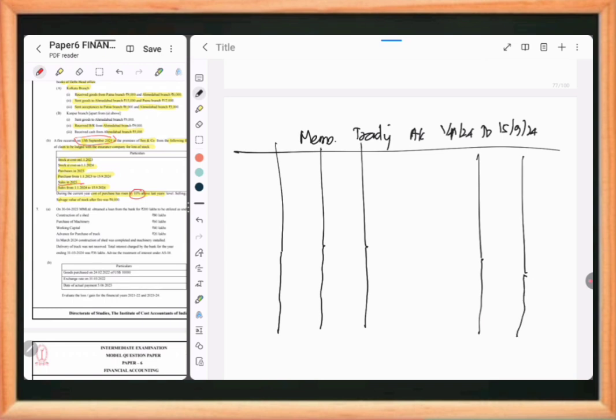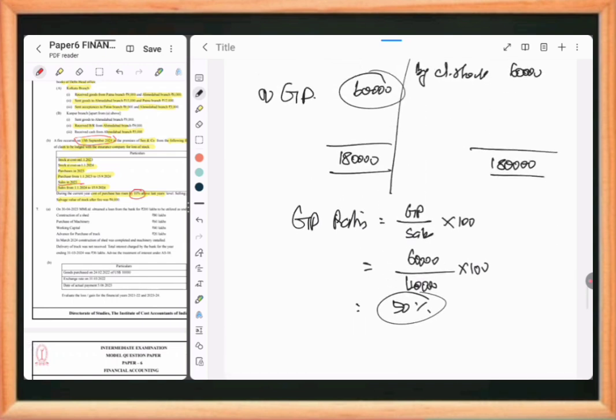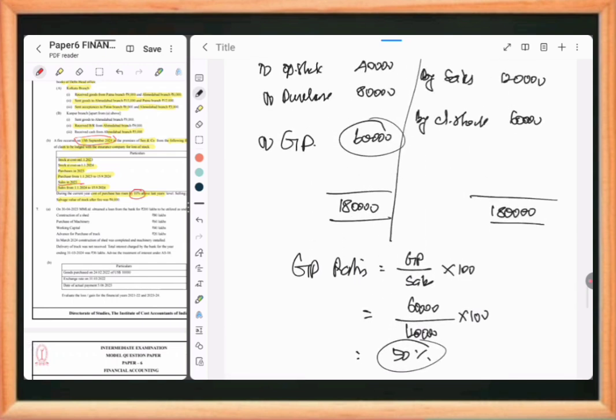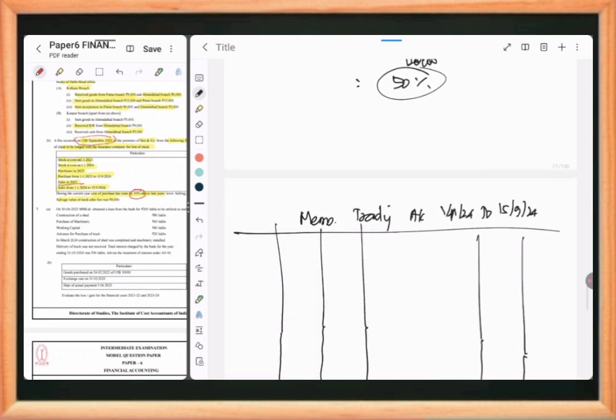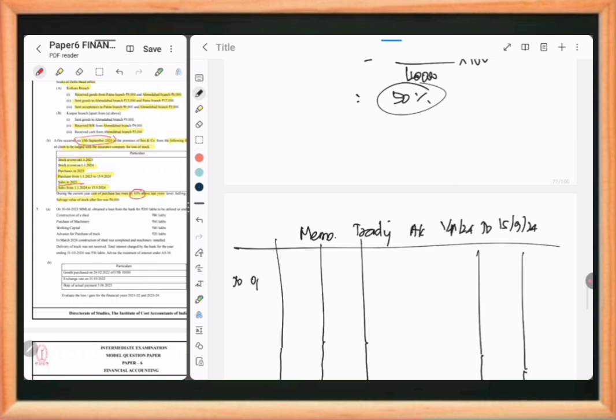What is the opening stock value? Opening stock is 60,000 rupees.